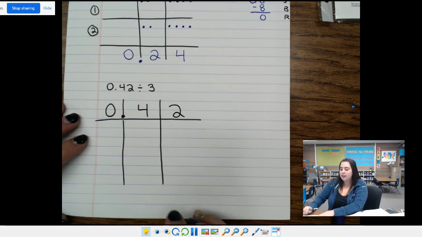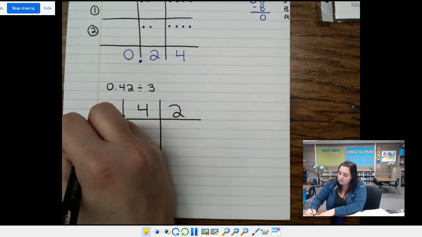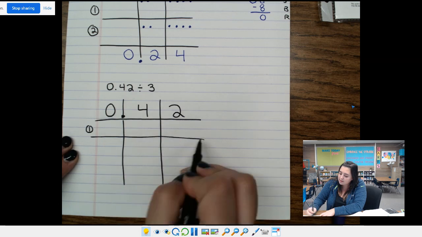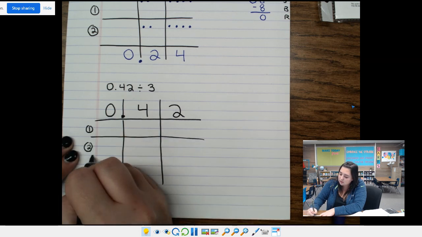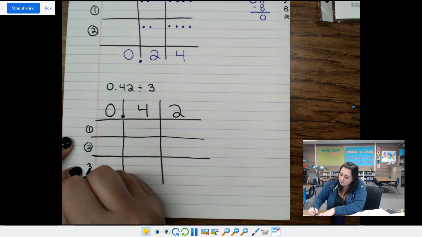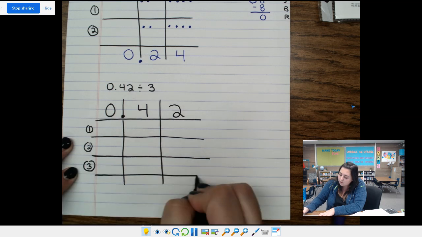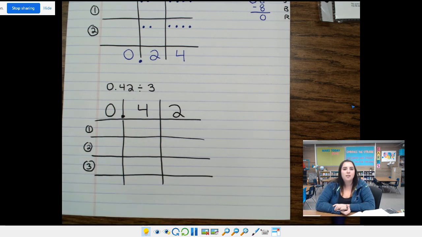This time, we're dividing it into 3 groups. So make sure you have 3 sections that you can place your dots into. All right, and pause the video so you can finish drawing your place value chart and solve.